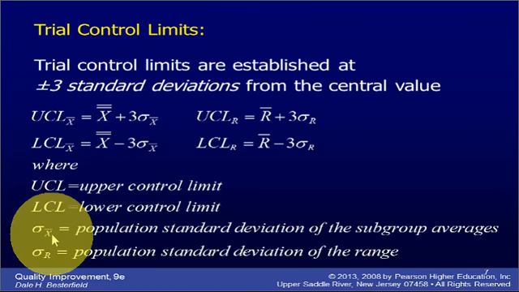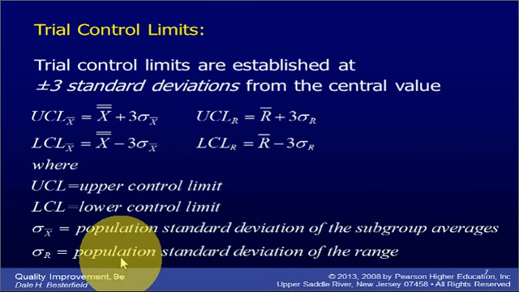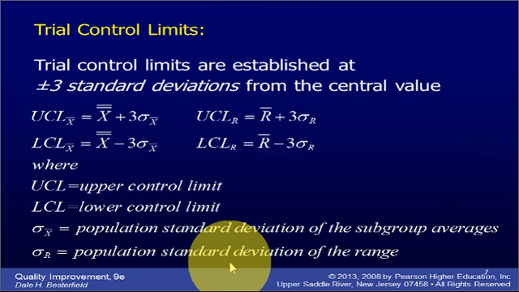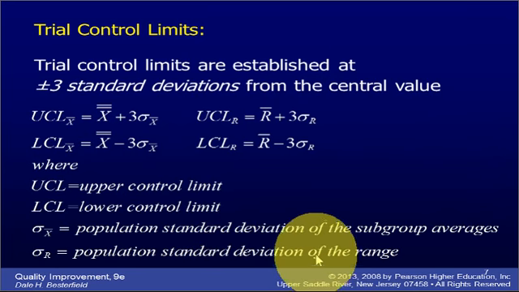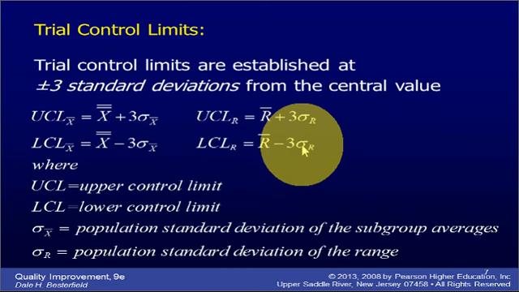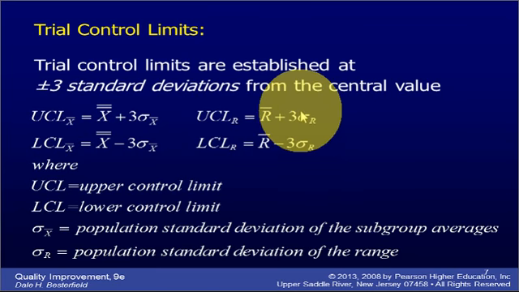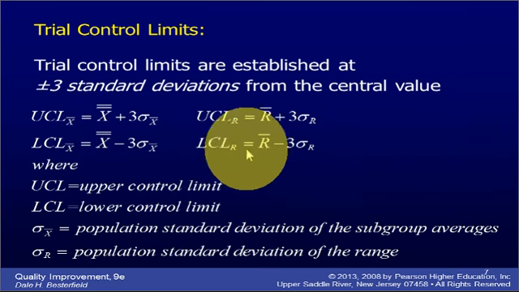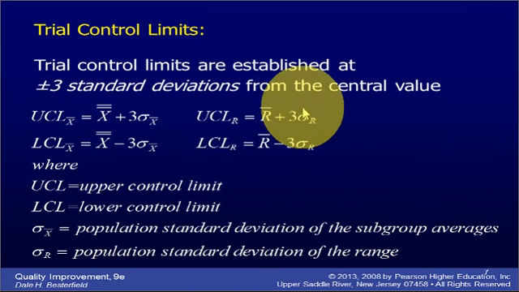This sigma X bar stands for the population standard deviation of the subgroup averages, and this sigma R stands for the population standard deviation of the range. Somehow these are difficult to compute, or you may not even know the population standard deviation. Therefore, in reality, we use some parameters to estimate these standard deviations.